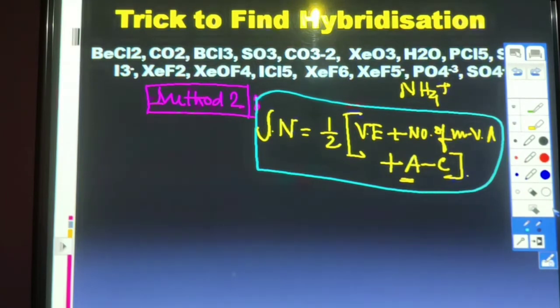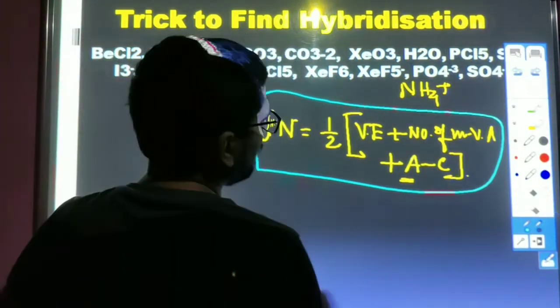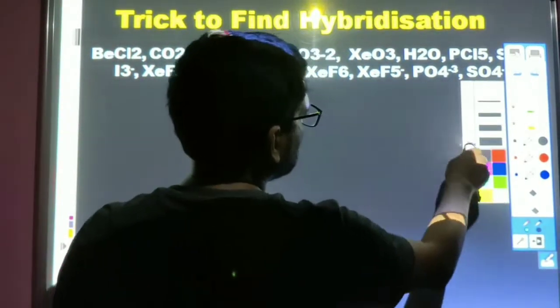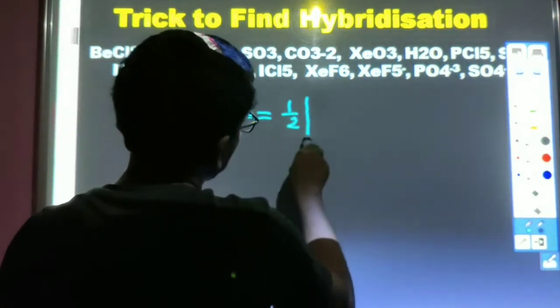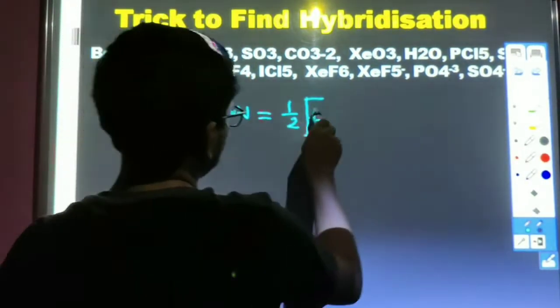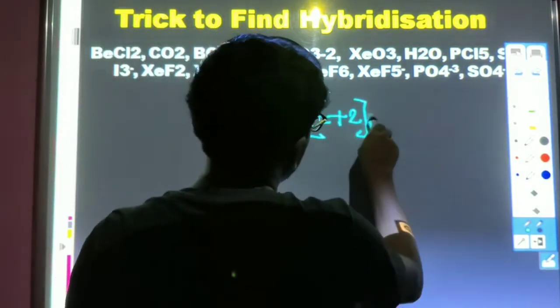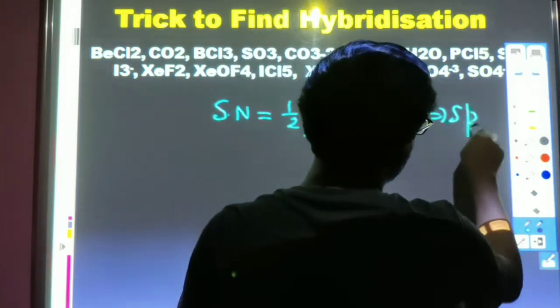We can do hybridization for any molecule. Okay, go for BeCl2. For BeCl2, steric number is half of beryllium's 2 valence electrons plus number of monovalent atoms 2, so 4 divided by 2, 2. So steric number 2, that means hybridization is sp.